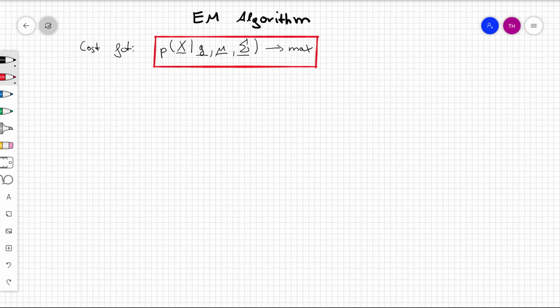And like all the other algorithms that we already had with codebooks, here we also start with an initialization. This can be done in different ways. And then the second step is already the expectation, the E step. And what do we do here? We compute the classification probability.